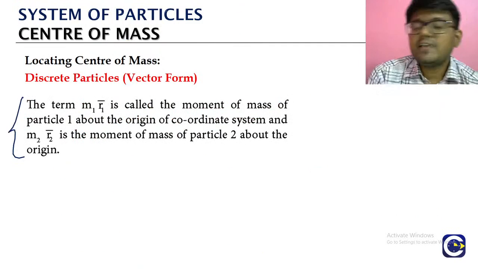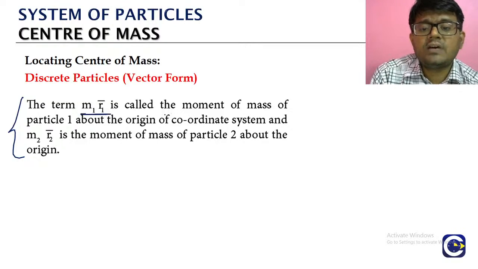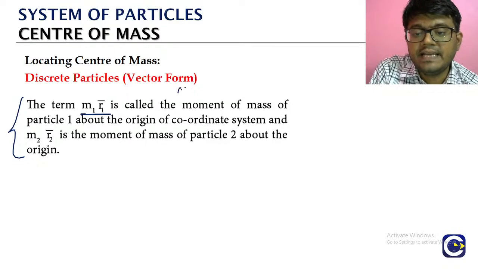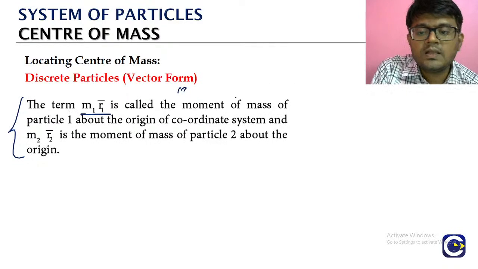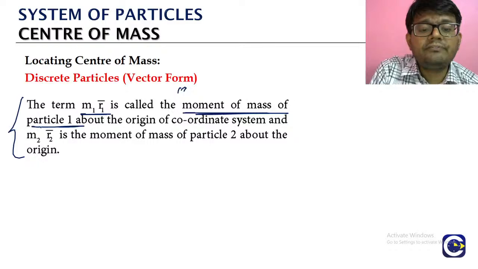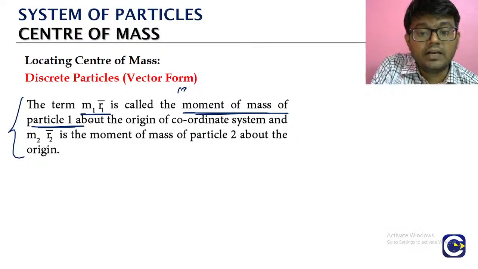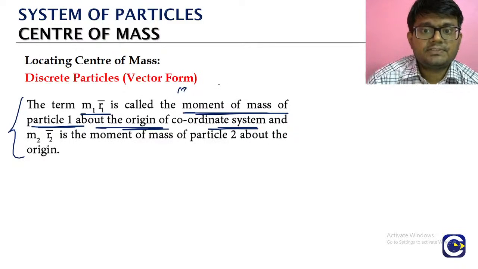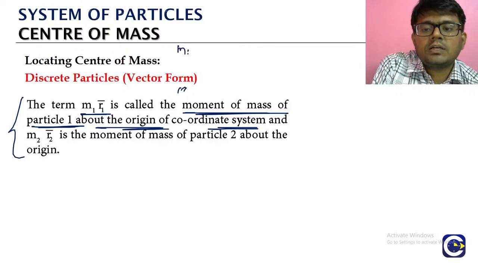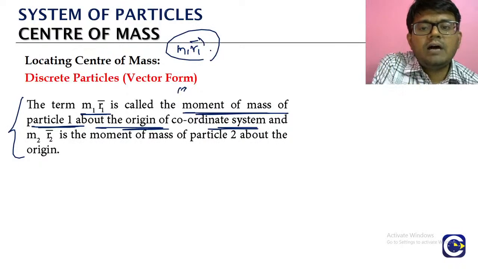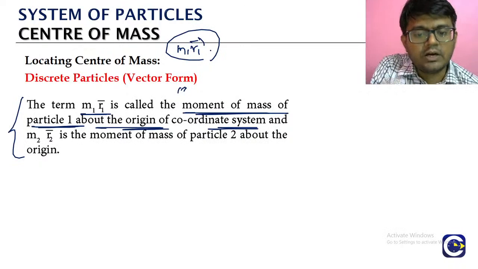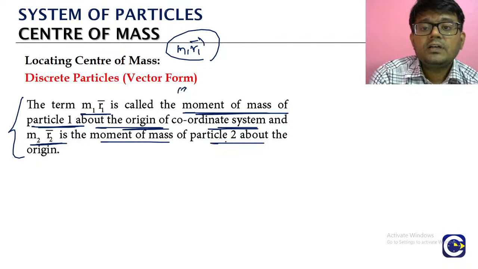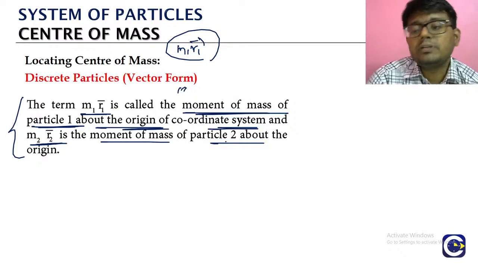Now in this previous formula, we were seeing m1r1 bar, m2r2 bar. Each of these things has a name that we give for it. What is this called? Moment of the mass of particle 1 about the origin of the coordinate system. So m1r1 bar is called the moment of mass of particle 1 about the origin. m2r2 bar is the moment of mass of particle 2 about the origin.